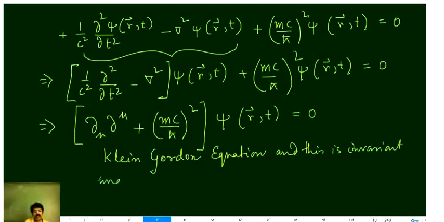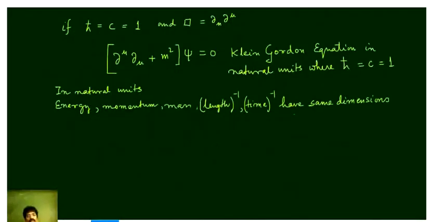And this is invariant under Lorentz transformation. Now in natural units, if h cut is equal to c equal to 1, and box is del mu del mu, this equation becomes box plus m square psi is equal to 0.